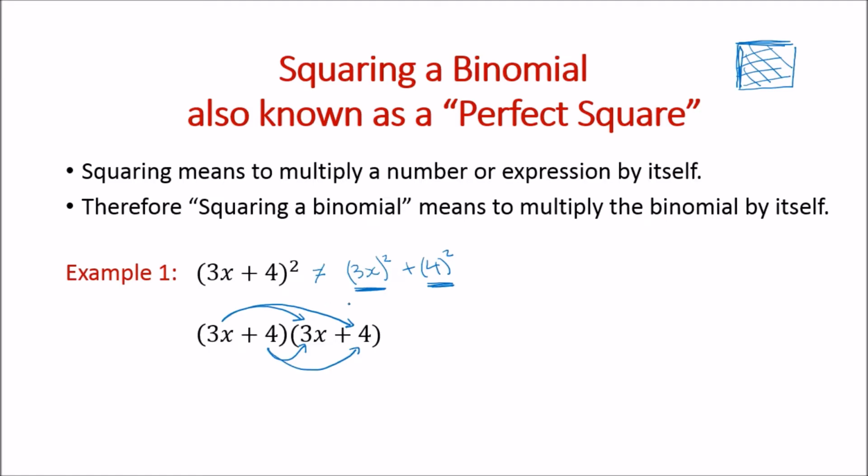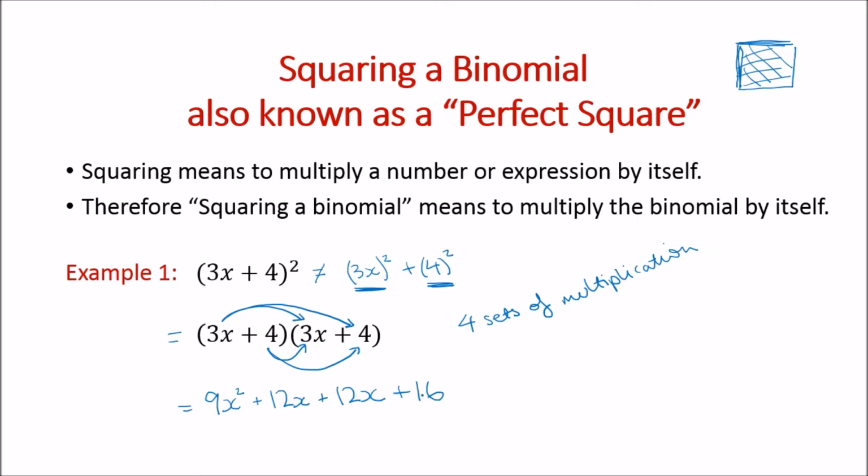So actually we need to do 4 sets of multiplication. So let's do them here. We've got 3x times 3x, which gives us 9x squared. We've got 3x times 4, which gives us positive 12x. We've got 4 lots of 3x, which gives us 12x. And we've got 4 times 4, which gives us 16.